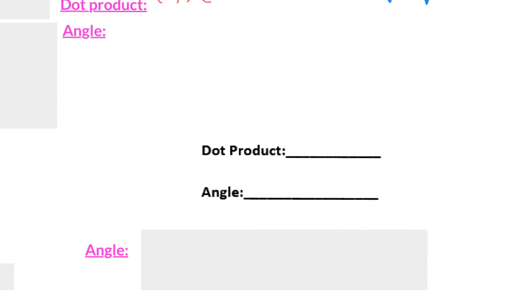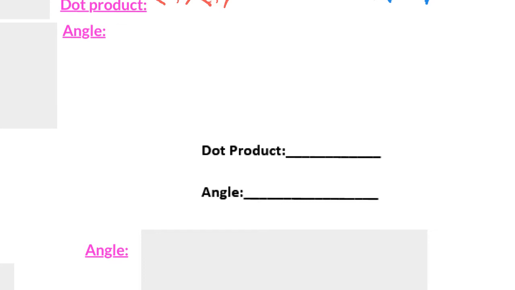And then the same thing with 6i and -5j, which would be the same as <6, -5>. All right, so let's find the dot product.